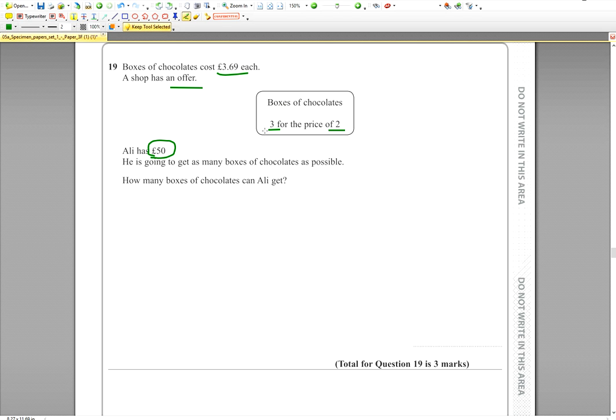So if you're buying 3 for the price of 2, we first need to work out the price of 2. 2 times £3.69 gives us £7.38. So we have £50 and we divide it by £7.38. Remember, £7.38 is the cost that gives you 3 boxes.